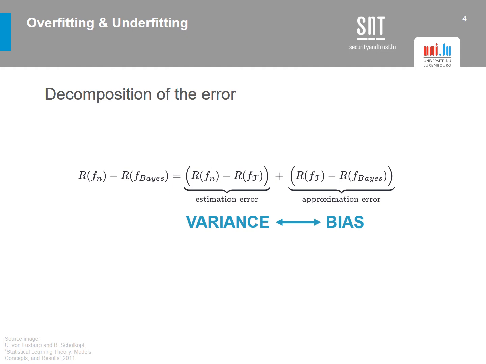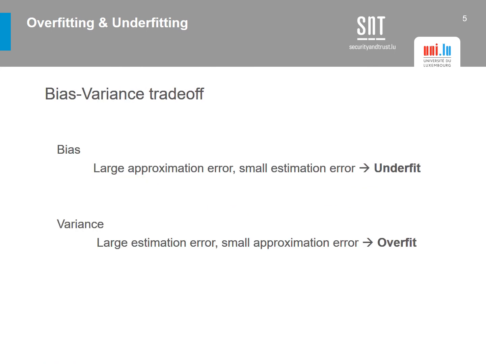So the time is now that we know what is overfitting and underfitting. As we understood, the bias corresponds to a large approximation error and a very small estimation error. This phenomenon is known as underfitting.